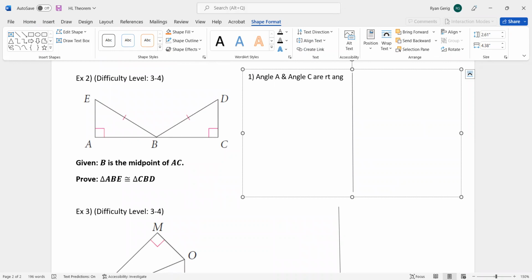I'm just going to abbreviate to angles. How do I know that they're right angles? Well, it's given. Well, what does that mean? Well, that means angle A is congruent to angle C. Why? All right angles are congruent.